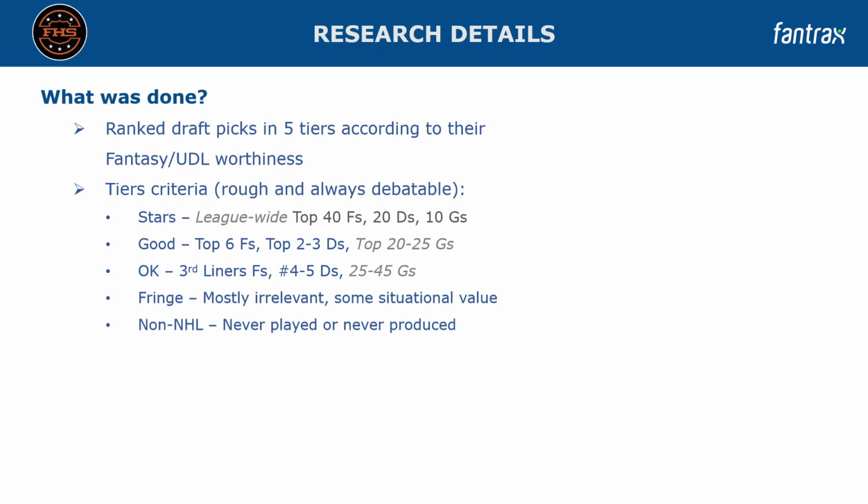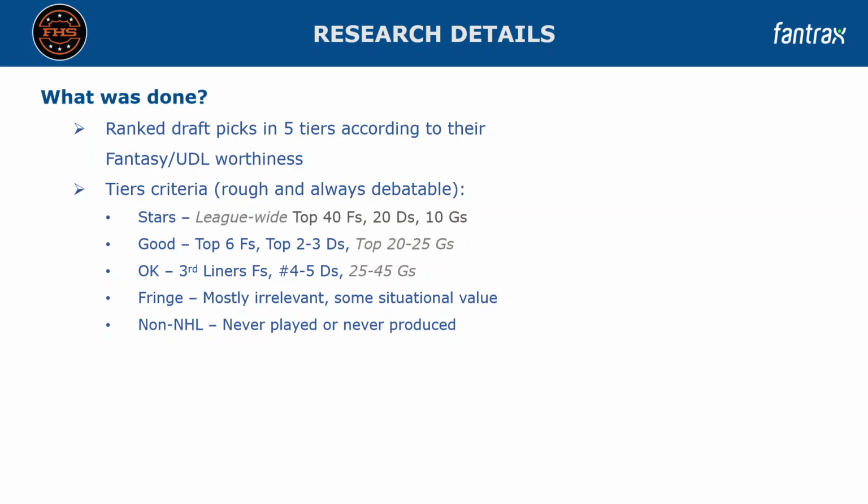What I tried to do, and make it as least manual as possible with setting some parameters in the database, is basically rank the performance of each UDL draft pick in tiers, as described here.